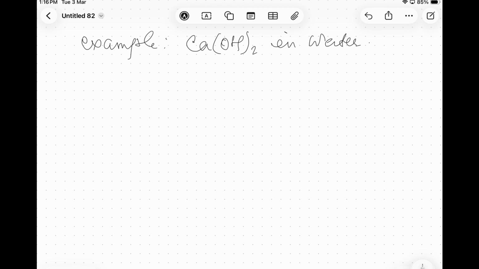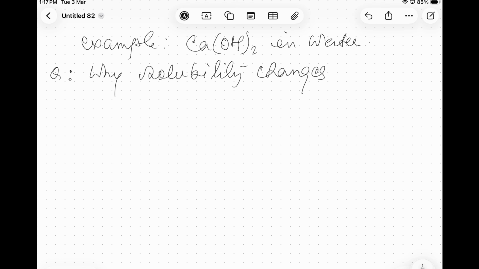Now there is a question: why solubility changes with temperature?